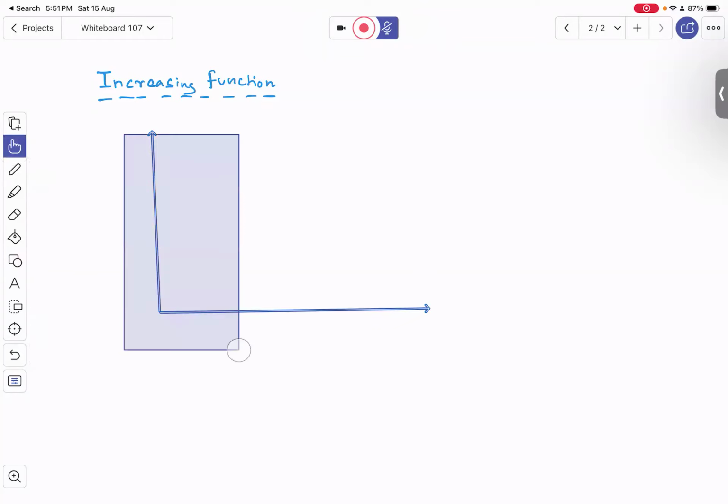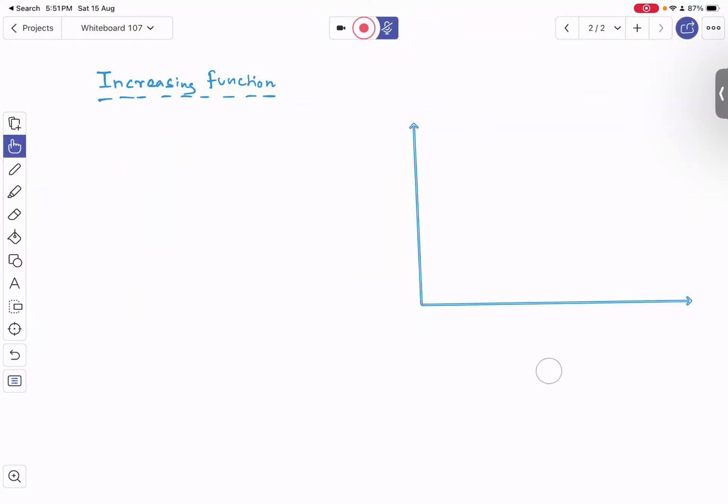So when I say a function is increasing, for example, I tell you that we have a function which is increasing in some interval. Then we select any two numbers from any such interval where it is increasing. Let's call them x2 and x1, such that x2 is more than x1.